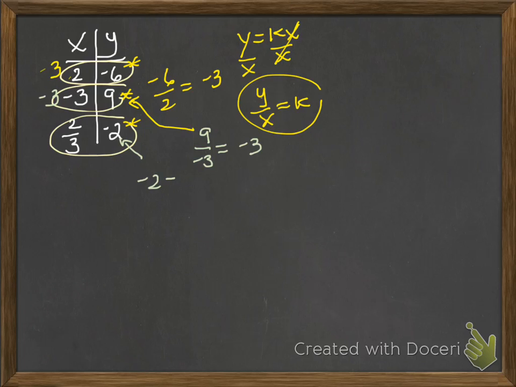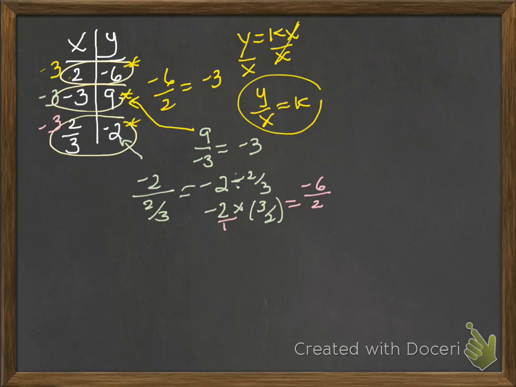negative 2 divided by 2/3. Okay, and remember from middle school, you would read it as negative 2 divided by 2/3, but the way you do it is you're going to say negative 2, change the division to multiplication, and then change 2/3 to its reciprocal, and then multiply numerator times numerator and denominator times denominator, which will give me a new numerator of negative 2 times 3, which is negative 6, over 1 times 2, 2, which also gives me a negative 3.